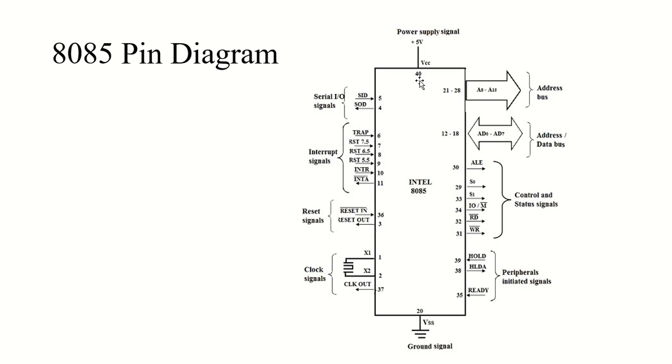First, I want to discuss the address bus and the data bus. Very basic and very easy to understand. A8 to A15 are output tri-state signals, used as the higher order 8 bits of the 16-bit address.